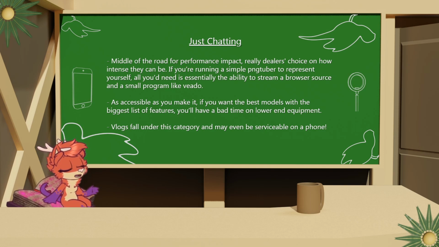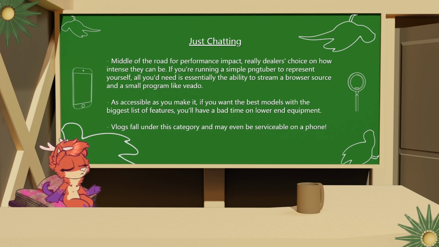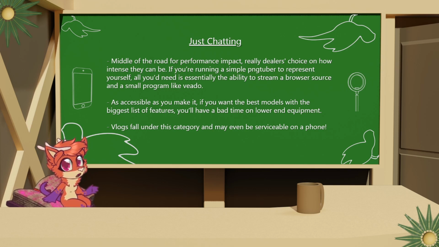If you want the best models with the biggest list of features, you can have a look at BuffPup for this as an example, or Iron Mouse, or Girl DM. You're gonna have to have a much better computer, and even sometimes more exotic equipment, for example, an iPhone for really advanced tracking. I'll get to that later, but it doesn't really matter if you're just getting into streaming.